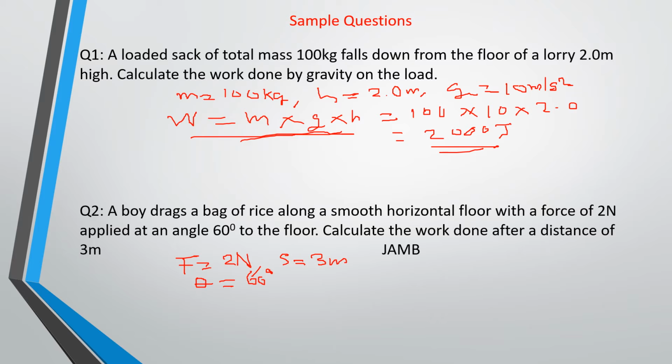So we remember that in our discussion we said that the work done depends on the direction or pull of an object, or the direction in which the force is acting. So in this particular instance, the force is acting along the horizontal line.